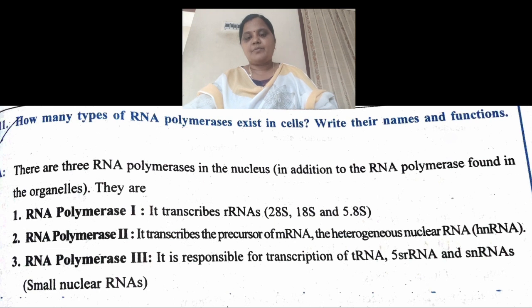RNA polymerase 3 is responsible for transcription of tRNA, 5S rRNA and snRNAs, that is small nuclear RNAs. These are the 3 types of RNA polymerases that exist in cells.